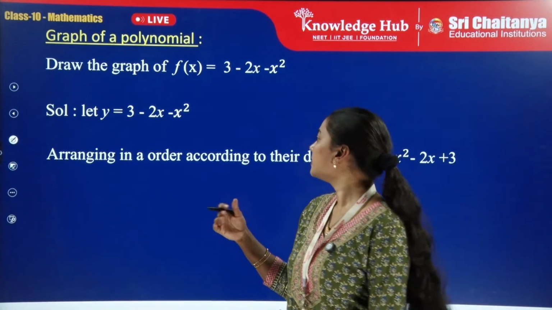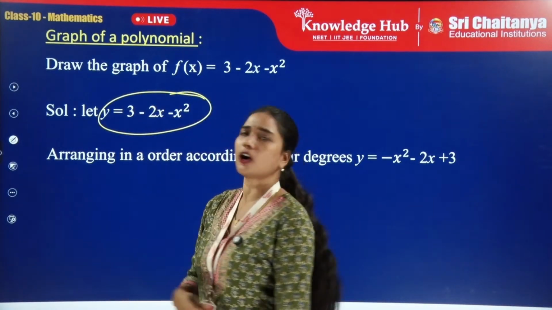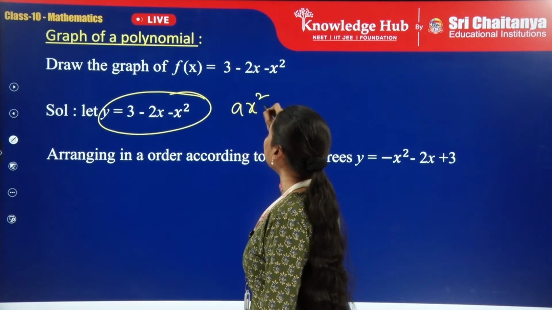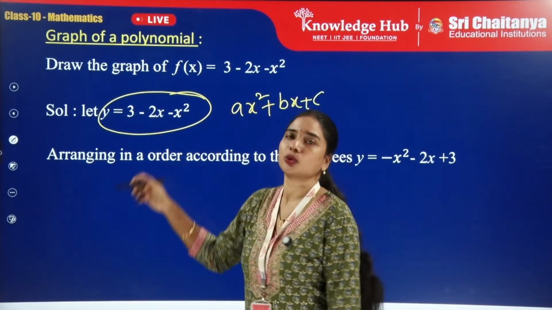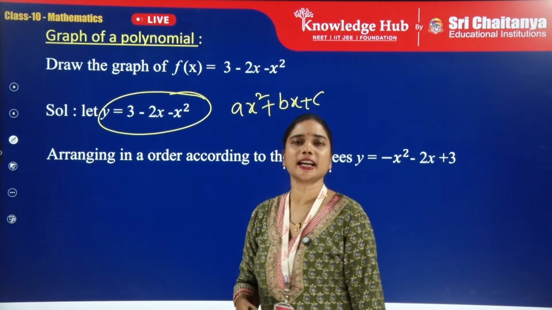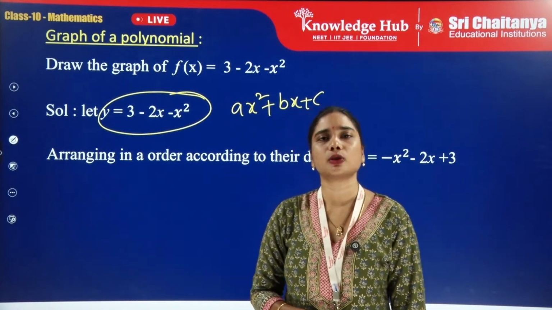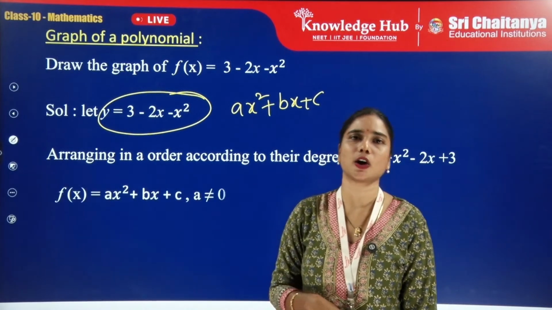Again, here the terms are not in order. The general form of a quadratic polynomial is ax square plus bx plus c. So we have to rearrange the terms of the given polynomial. First note down the x square term, the x term and the constant.